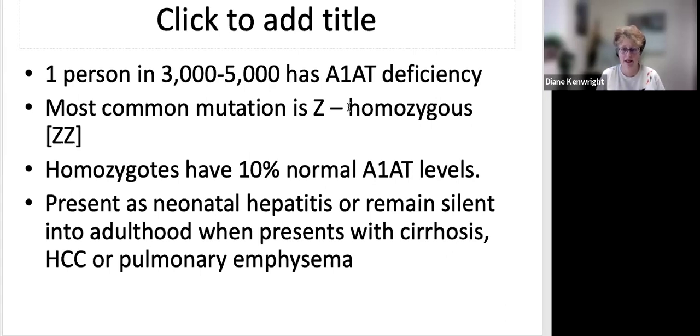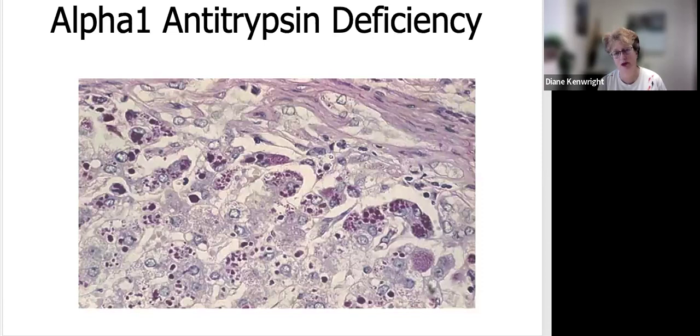How can alpha-1 antitrypsin disease present? There are several ways. The first way it can present is as neonatal hepatitis, or it can be silent until adulthood when it presents with cirrhosis or pulmonary emphysema. Characteristically, when we look down the microscope and do a PAS stain, it shows up as PAS positive blobs.